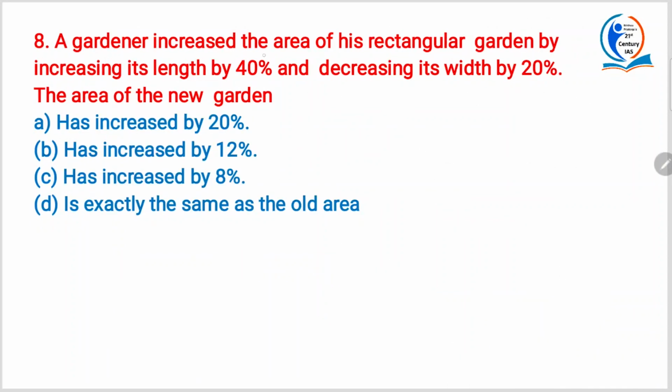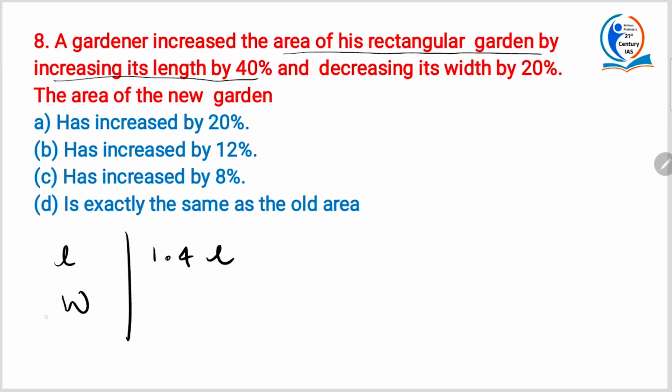A gardener increased the area of his rectangular garden by increasing its length by 40%. Okay. So length, if the old length was L, the new length will be 1.4 L. Okay. And decreasing its width by 20%. Width, if it was W, now it will become 0.8 W. Okay. The area of the new garden.